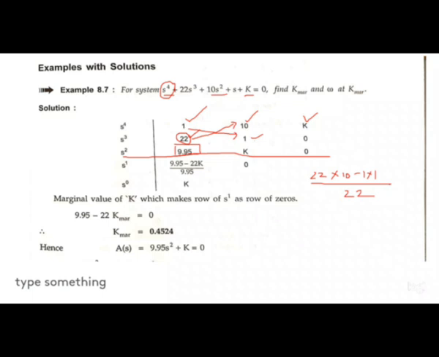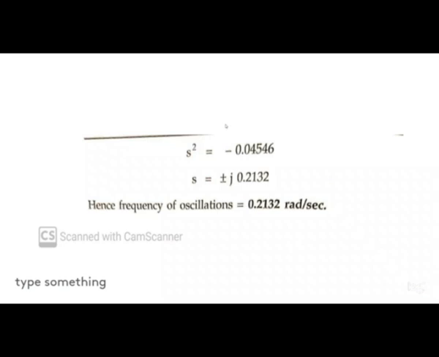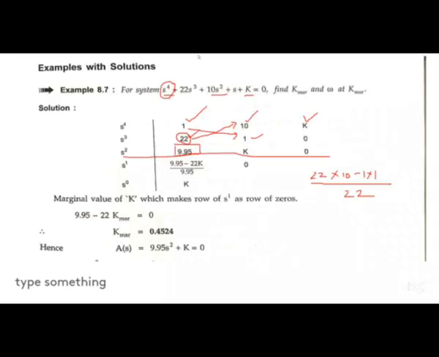In a similar way, for K: 22 has to be multiplied by K minus 1 into 0, all divided by 22. So 22 into K is 22K minus 0, divided by 22, you get the value K. Next is s to the power of 1.